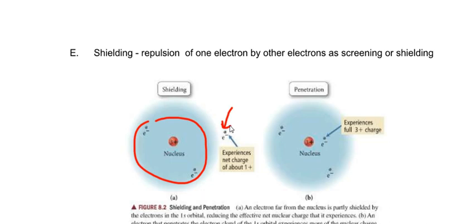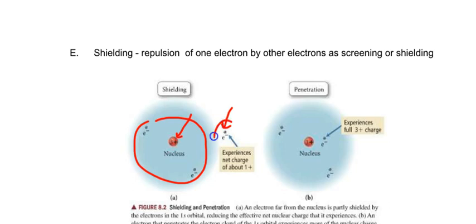What this is saying is that this electron here is being shielded from the nucleus. And it's a +3 there. Again, I know it's a lithium there. So these two electrons inside are shielding or repelling, if you will, the electron in the 2s. Because the electrons have like charges, they will repel each other.